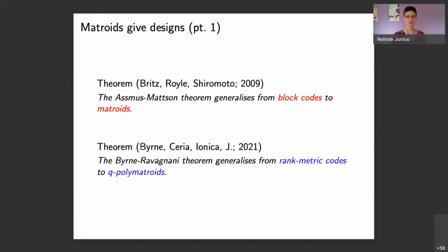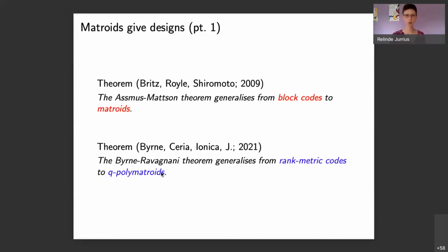And a recent result that I had with Ima Byrne and Michela Ceria and Sorina Ionica is that this generalization of the Assmus-Mattson theorem also has a q-analogue. And so this theorem that we had, that rank metric codes give designs, you can generalize it by saying that q-polymatroids give designs.